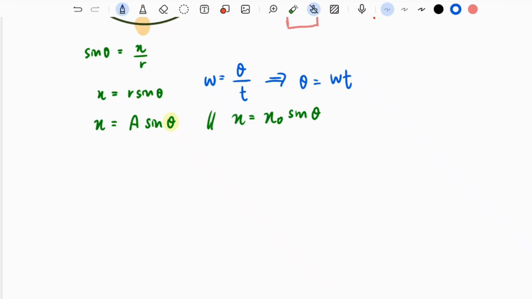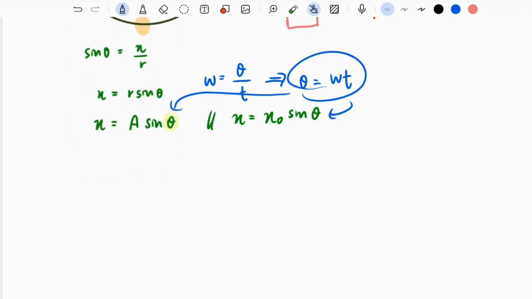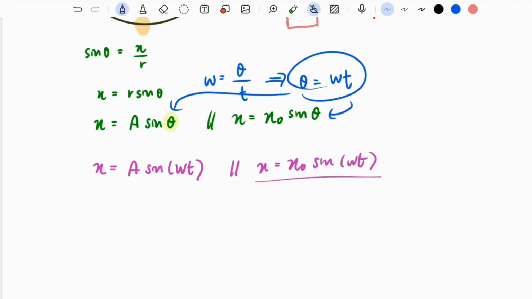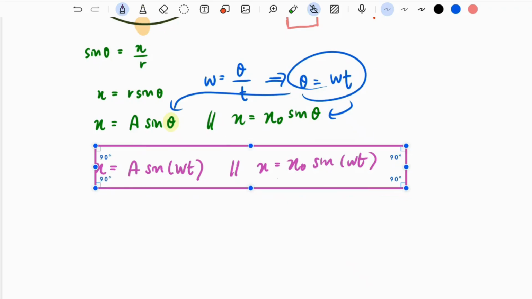Can we sub this inside here? Yes, we can. So our final equation is x equals A sine omega t, or x equals x0 sine omega t. In your formula sheet, you will see this form of equation. So this is our final equation for the x function.